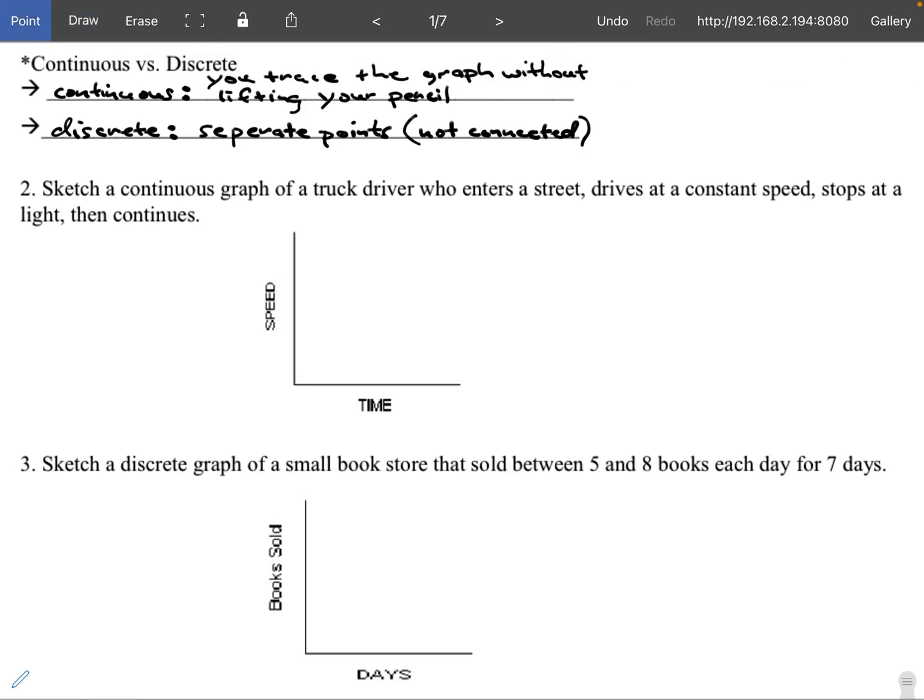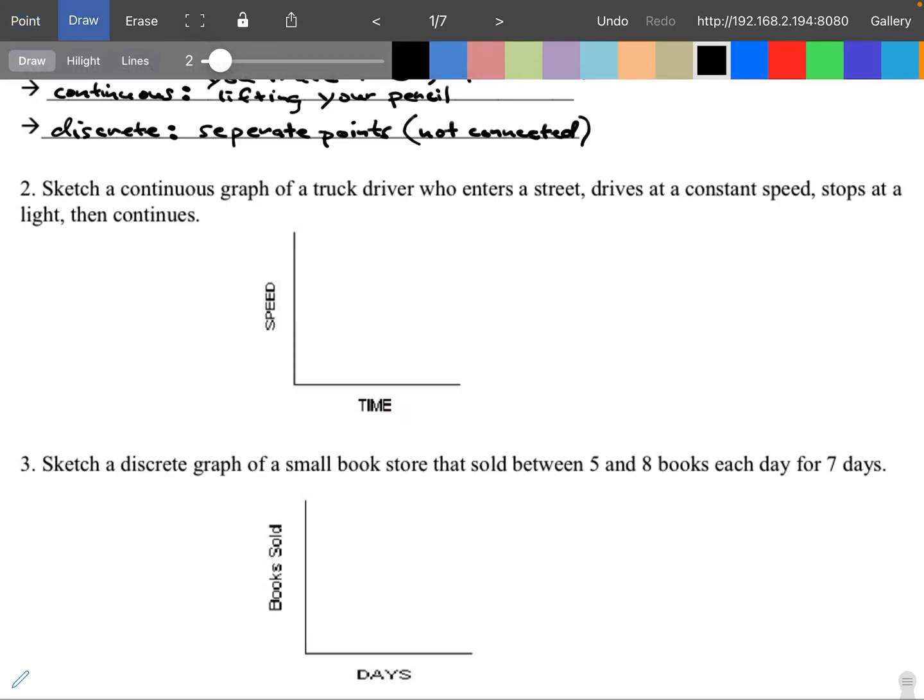Okay, so this one, let's see, a truck driver, let's say you enter a street, so you turn onto a street, then you drive at a constant speed, then you stop at a light, and then you continue. So what would the graph look like? So again, notice on this one, you got the speed on the y-axis, you got the time on the x-axis. So let's say you're stopped at the light and you're gonna turn onto the street.